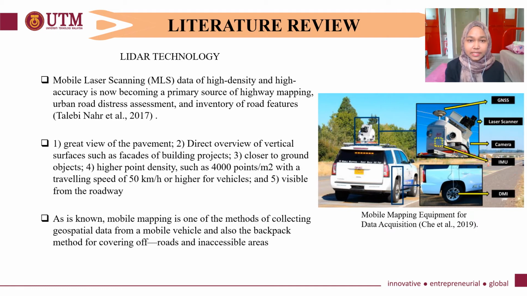So as is known, mobile mapping is one of the methods of collecting geospatial data from a mobile vehicle, and also a backpack method for covering of roads and inaccessible area.